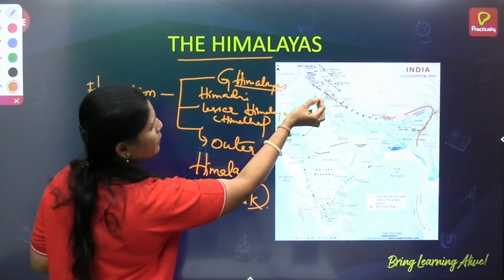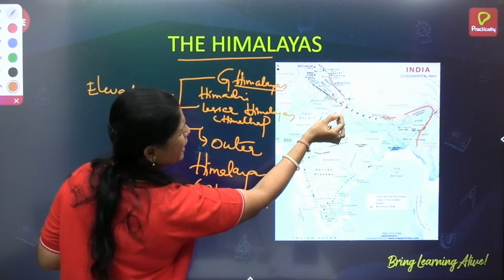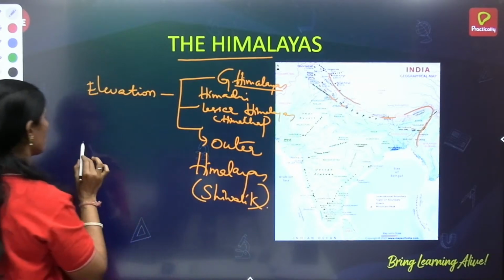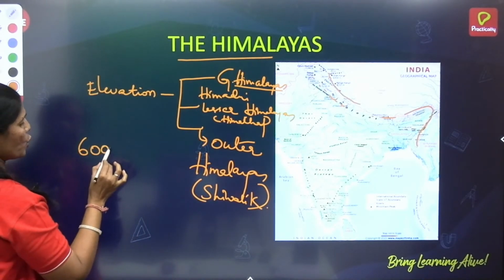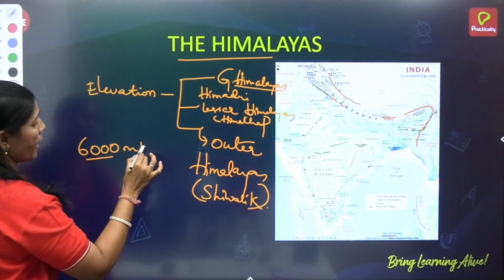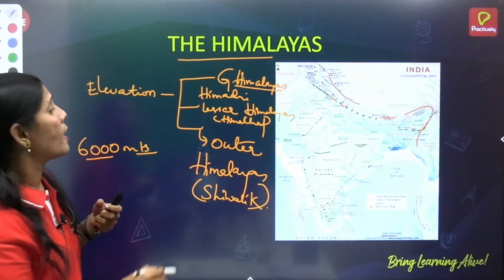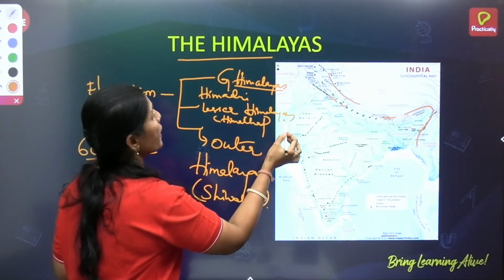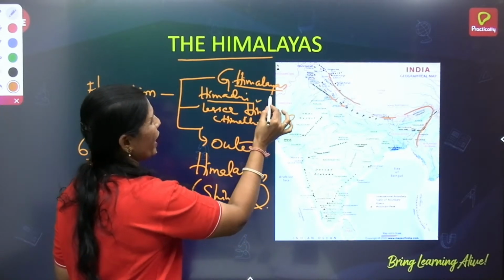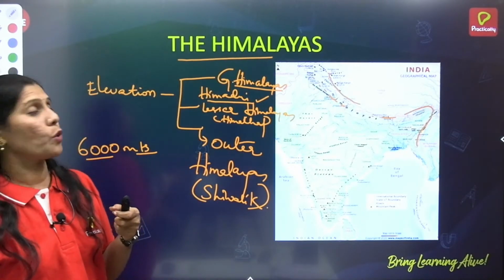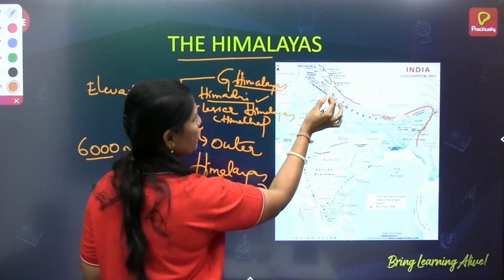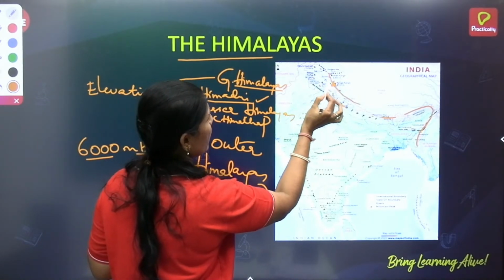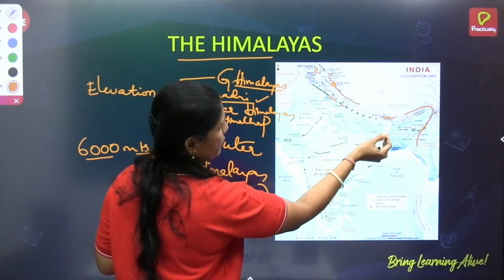The first, where the average elevation is more than 6,000 meters, is considered the Himadri region, where we find different types of peaks, like Kanchenjunga, K2 and Mount Everest.